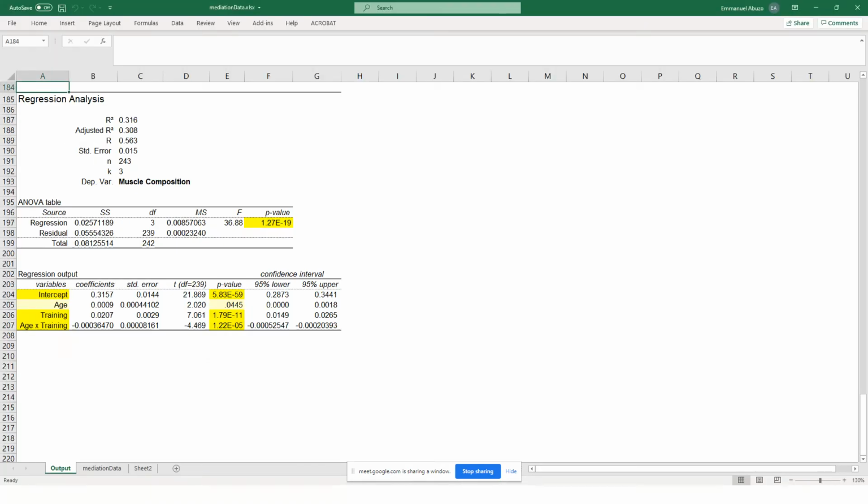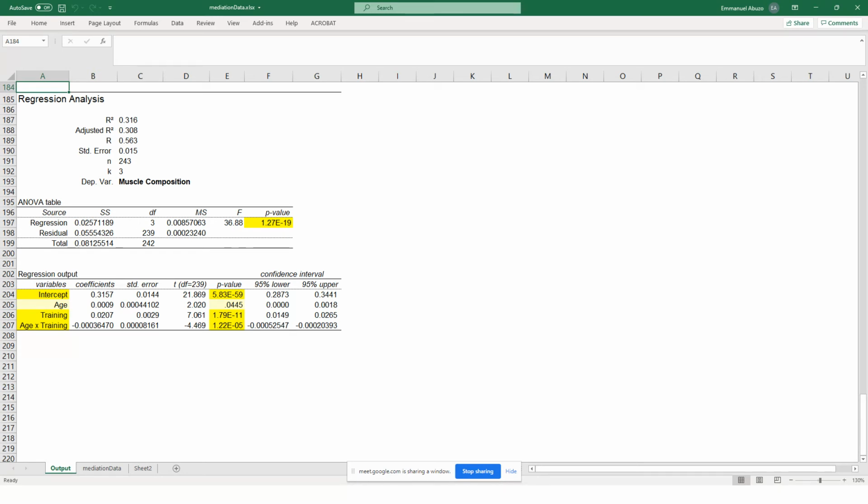So here in the regression analysis, we can visually see that the interaction of age and training is a significant predictor of our muscle composition because the p-value of the interaction is less than 0.05.